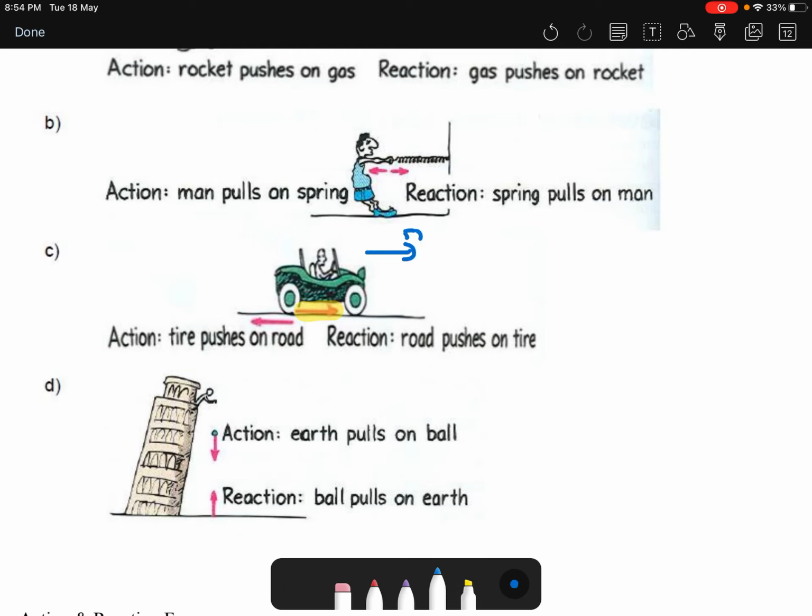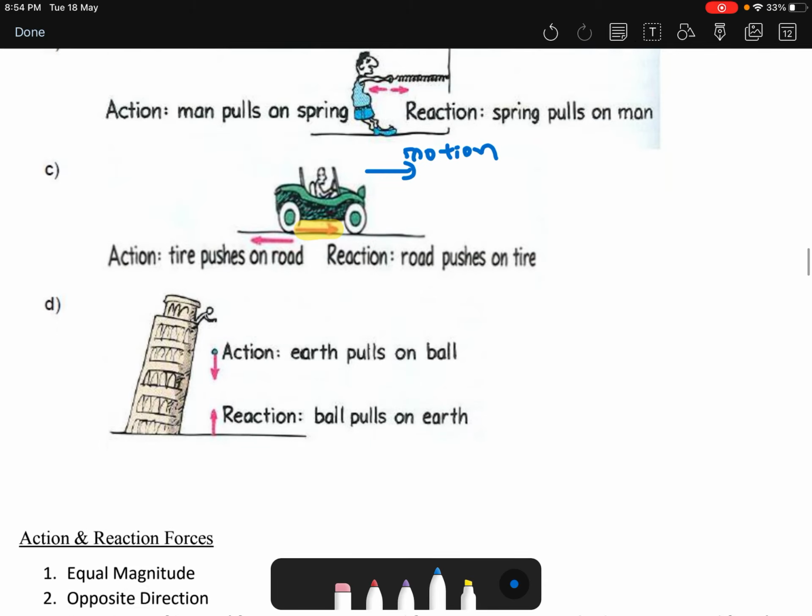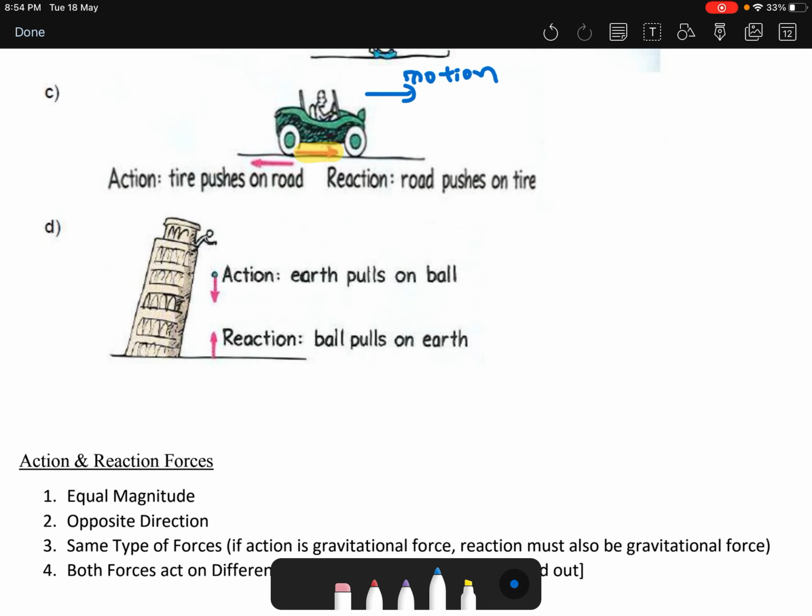So this is your motion. And for D, this is the action: the earth pulls on the ball, and actually the ball also pulls on the earth. So imagine I have the earth right here. I'm free falling towards the earth. The earth will exert a force on me.